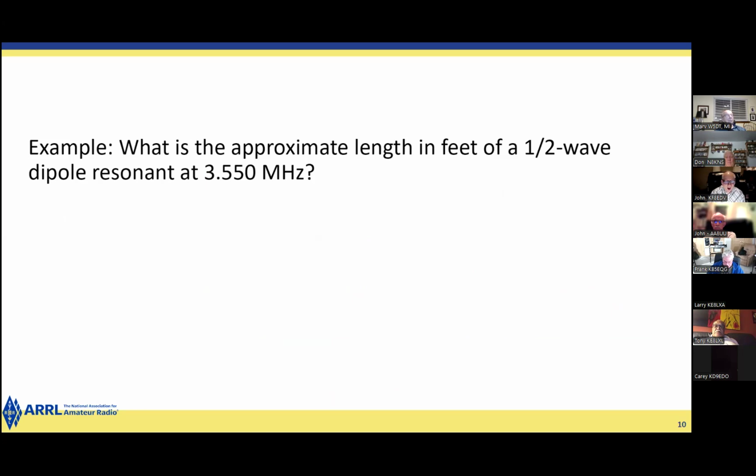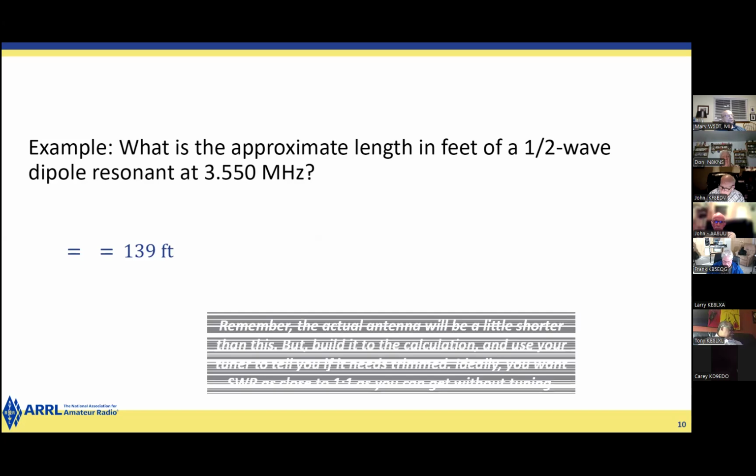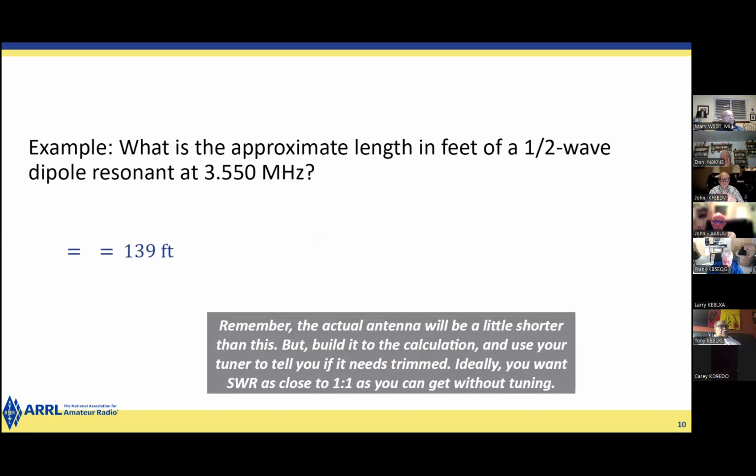So what is the approximate length in feet of a half-wave dipole resonant at 3.550? So you divide 492 by 3.550, you get 139 feet. It'd be a little shorter than this.